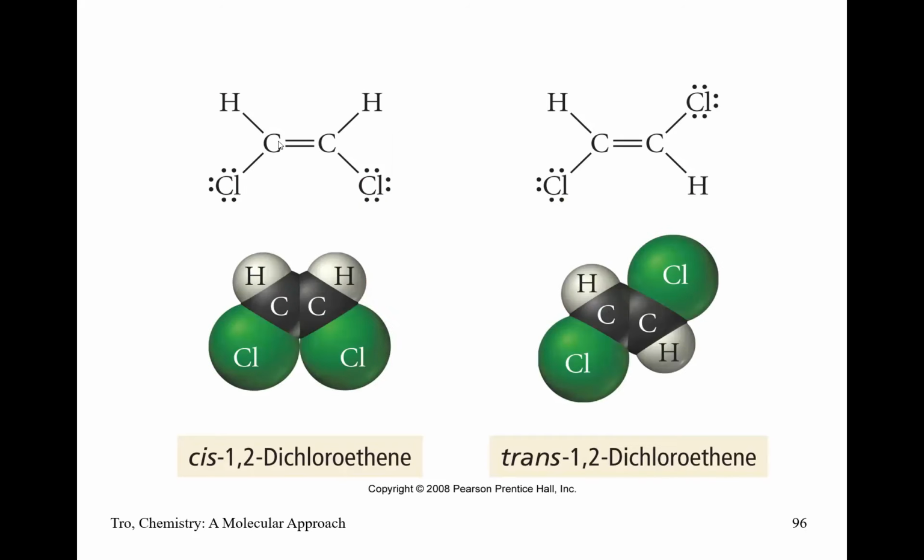But if there's a carbon-carbon double bond there, you can't spin the carbon atoms. And so you'll get two different looking molecules, where the chlorines are on the same side, and cis means same, trans means opposite, and so the chlorines are on opposite sides of the double bond versus the same side.